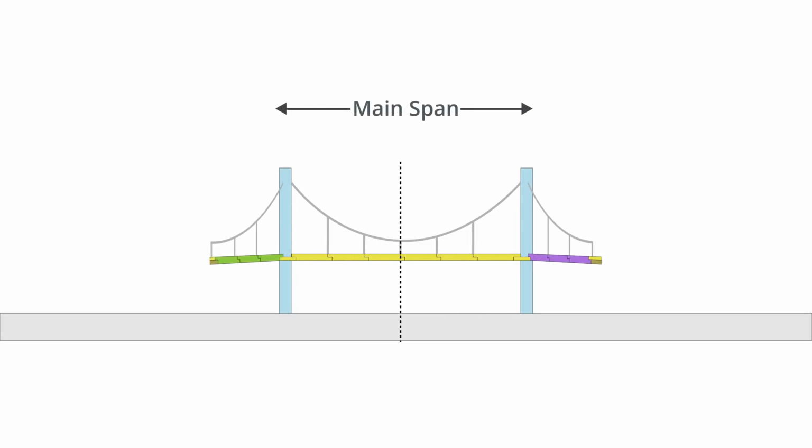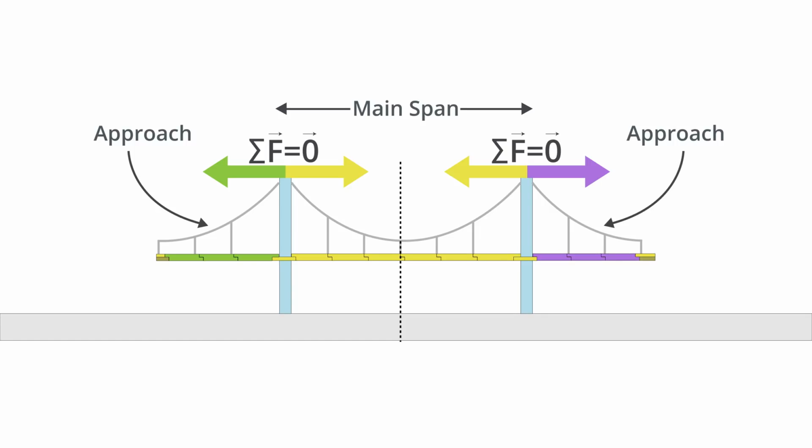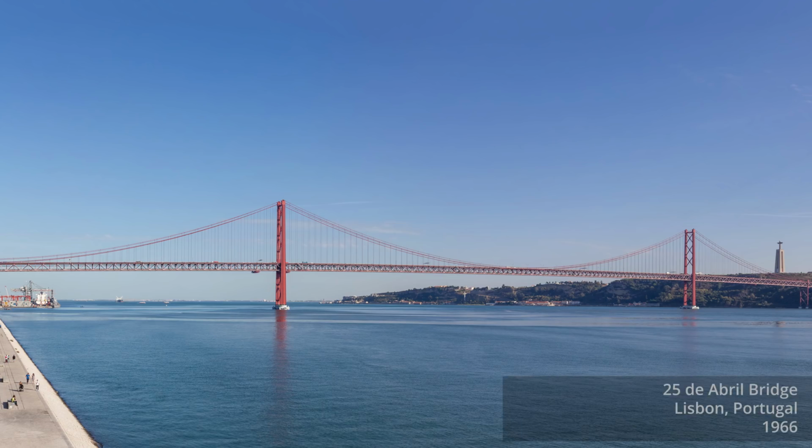Another approach would be to mirror the ends of the main span. One could then use the mirrored sections as approaches from the adjacent land, and the horizontal forces from the mirrored spans would balance and cancel out the ones from the main span. When this strategy is followed, thin towers like those seen on modern suspension bridges can be used.